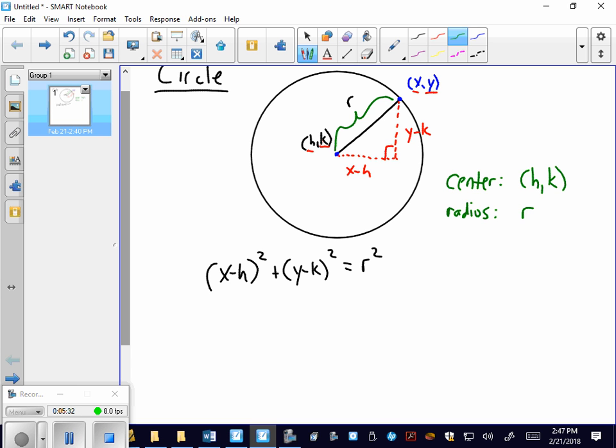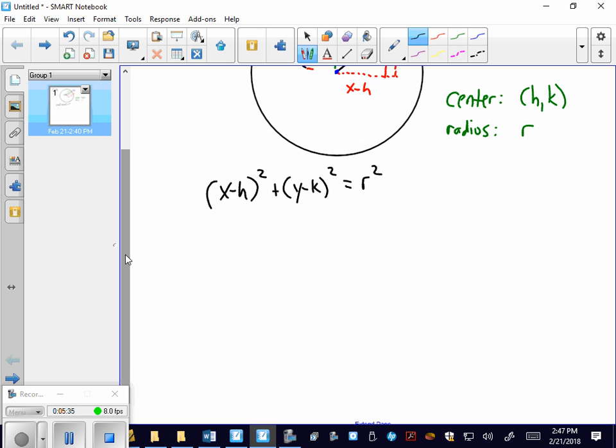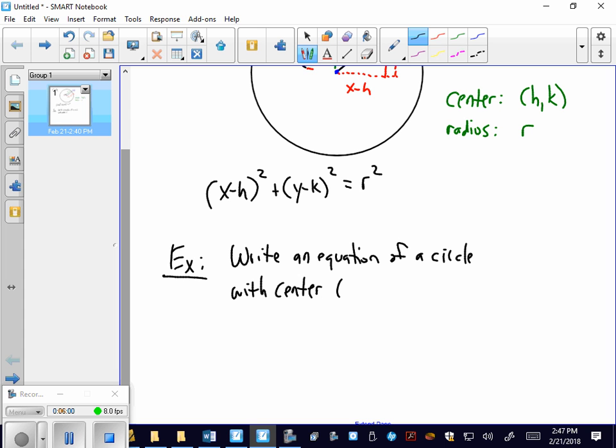So now if I gave you an example, so let's do example 1 here, which says basically let's write the equation of the circle if I give you the center and the radius. So let's write an equation of a circle with center (0, 0) and radius, let's do radius 2.